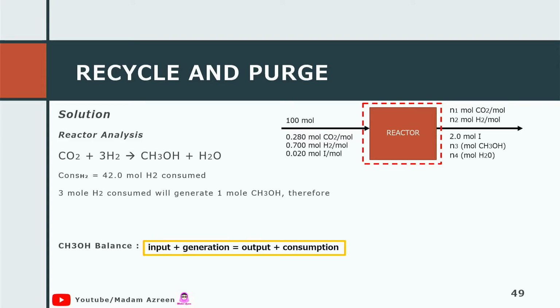Moving on, again from the information of how much hydrogen is being consumed, we can determine how many moles of methanol are being produced. Therefore, 3 moles of hydrogen will generate 1 mole of methanol.